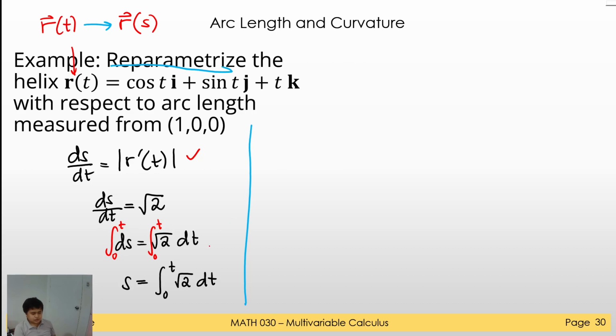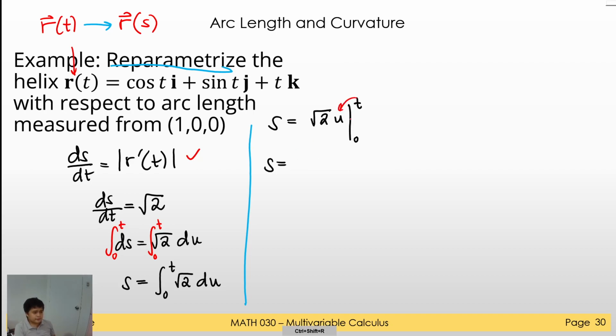Actually, this might be confusing, so we can change the variable to u for now. This will become the integral of square root of 2 du. We already solved for this. So this will be square root of 2 times u, evaluated from 0 to t. How do you evaluate this definite integral?